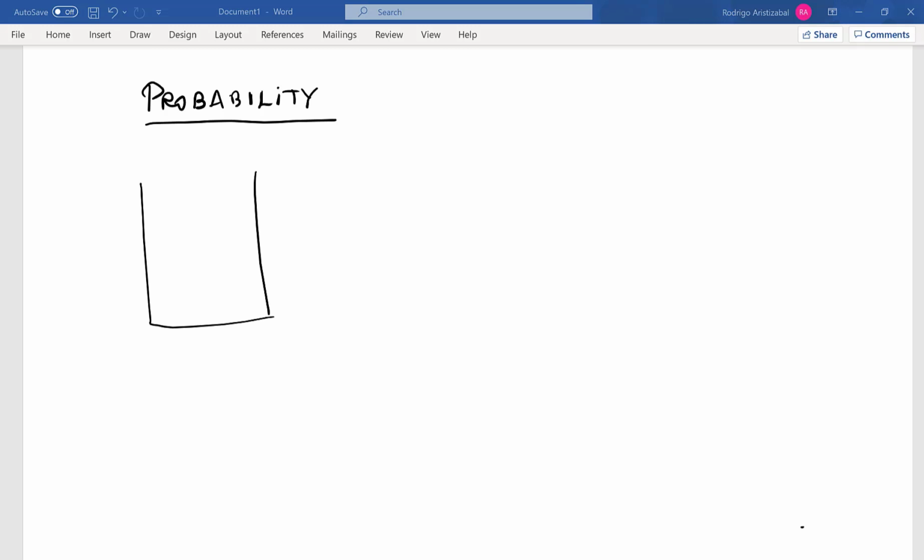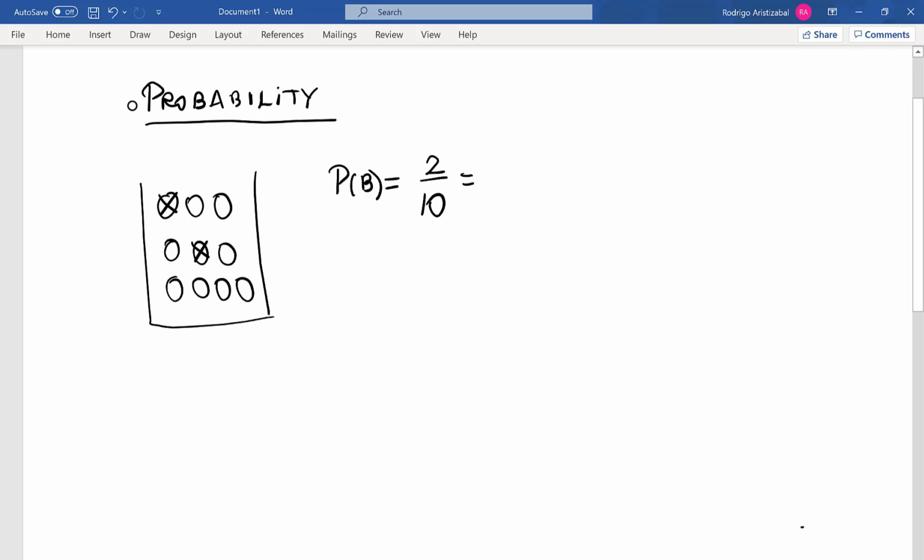For example, if we have a bag with 10 balls, and from these 10 balls we have 2 black, the probability to get a black ball could be measured by counting. The chance to get a black ball is 2 out of 10 possible selections. The likelihood that we select a black ball could be expressed as a simplified fraction, 1/5, or a decimal, 0.20, or a percentage, 20%.